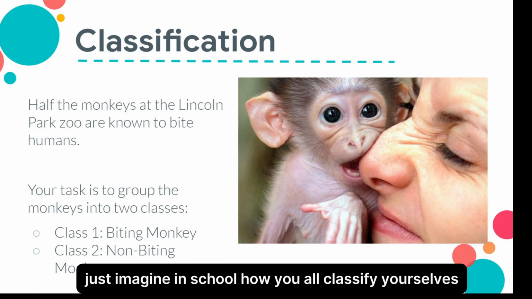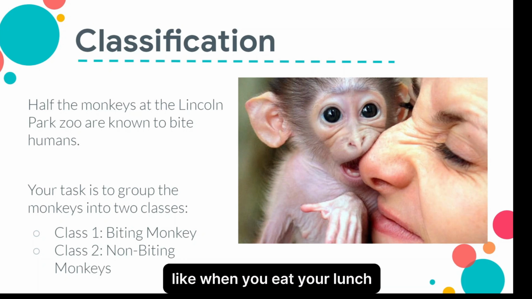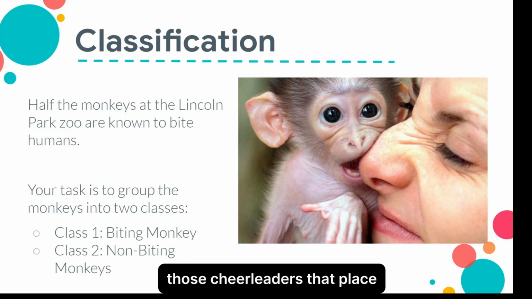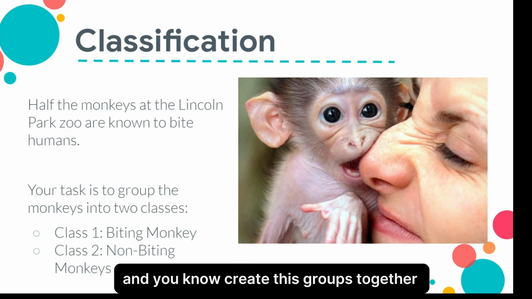Just imagine in school how you all classify yourselves. When you're eating lunch, the band kids sit in this place, the cheerleaders in that place, and you create these groups together.